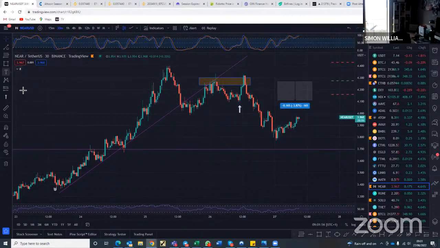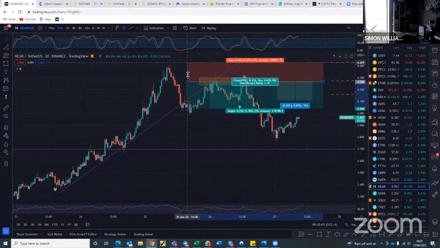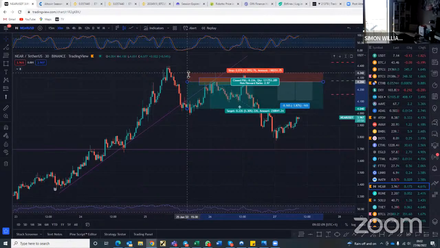So immediately, there's my entry. My stop's coming right down on top of that candle. So from 3%, I'm bringing it down to 1.7. So I've almost halved my loss already if I'm wrong.